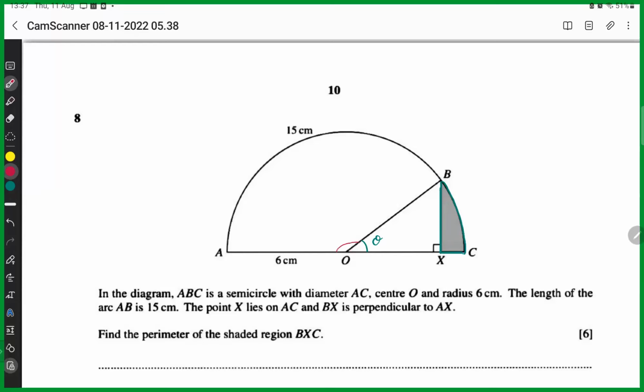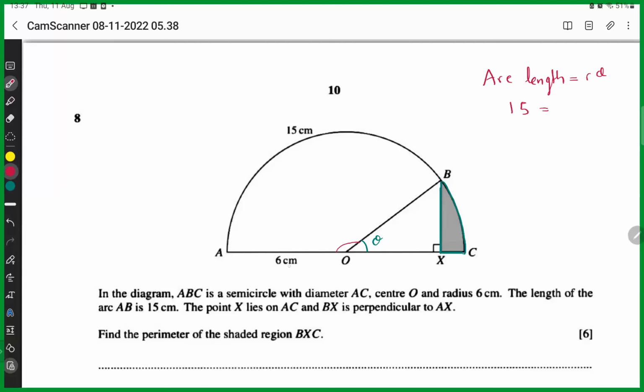And how do we find out this theta? We know that arc length is basically equal to r theta if theta is in radians. So we will assume that whatever theta we get after this is basically in radians. Arc length was basically 15.